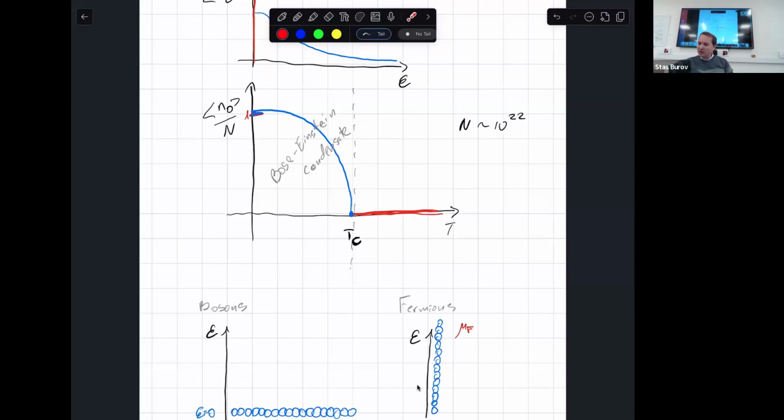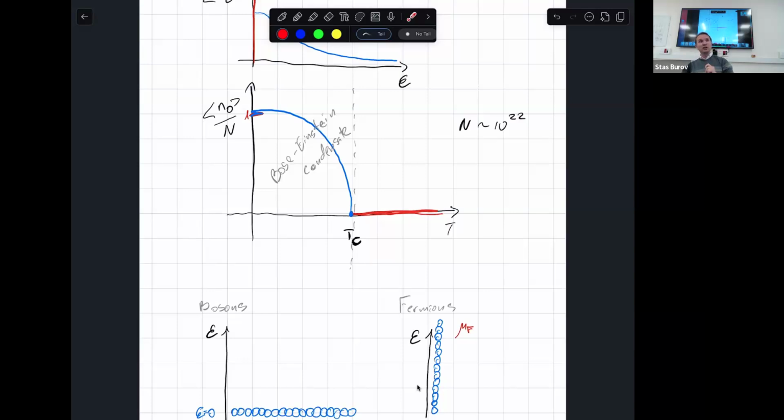This is not something that people go and measure. People measure heat capacity. People measure the reaction to an external force and stuff like that. They do not measure the occupation number. Nobody went and measured the occupation number of the lowest level. People measured something else, specifically heat capacity, and then they understood whatever happens backwards.